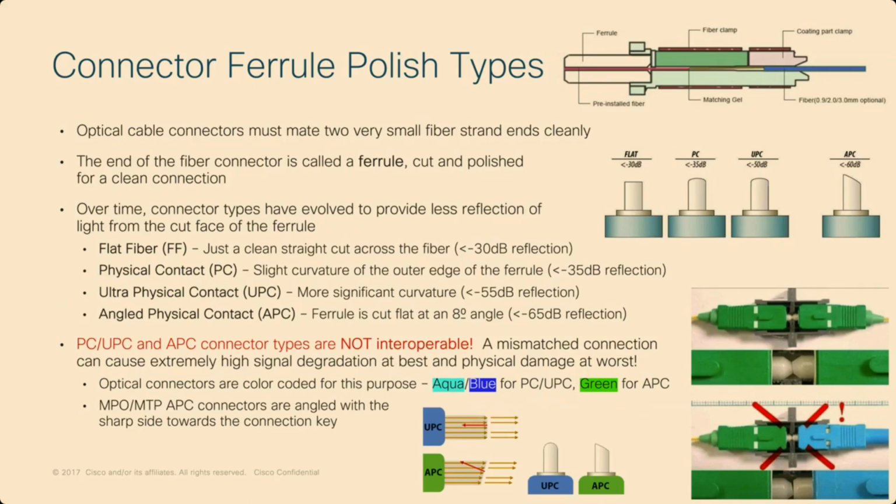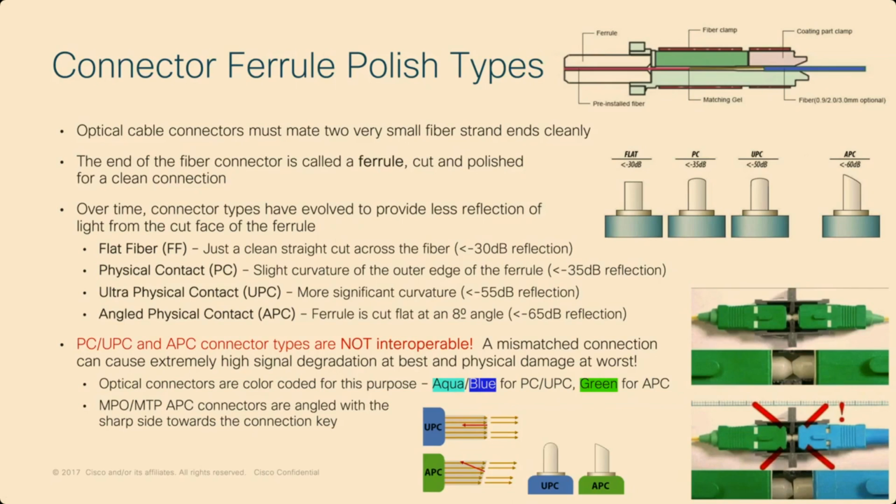So when you see PC or physical contact indicated on a cable, that means that the ferrule has a very slight curve to it that helps reduce the amount of light reflected from the end. In more recent years, it's gone to what we call ultra physical contact, or UPC, where we increase the curve and got a massive decrease in the amount of light reflected from the end.